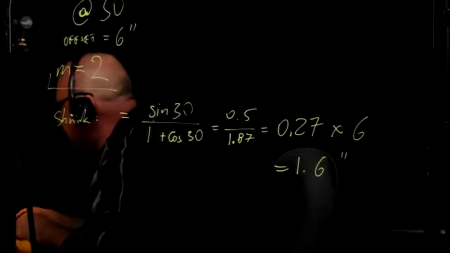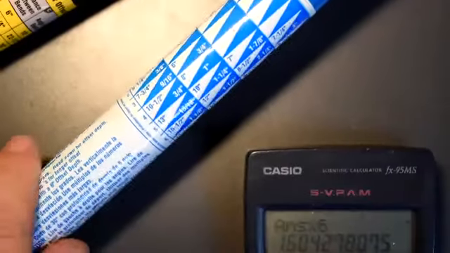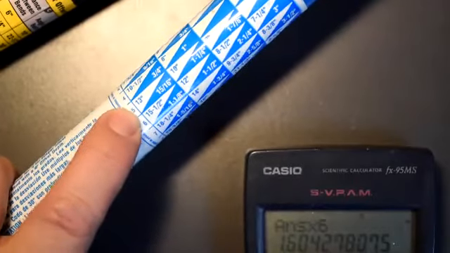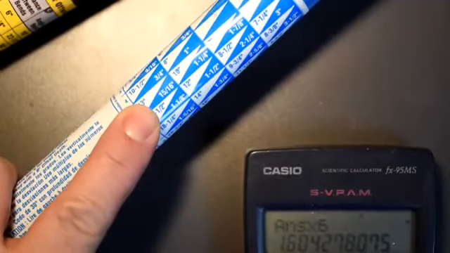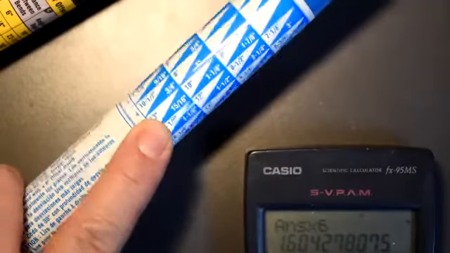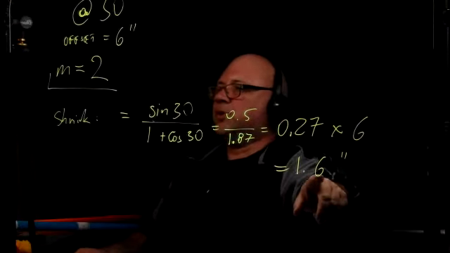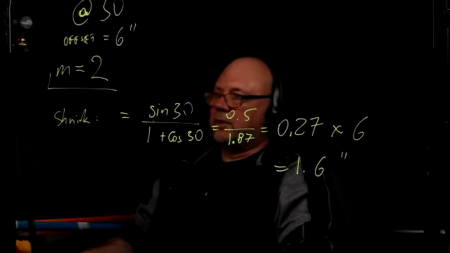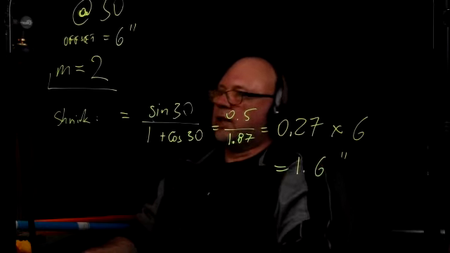All right, so what do we get for 6 inches? 1.5. Well, we don't even need to do that because we're going to get the closest one. So 1.6 inch, 1.5 is the closest thing on the tape measure that we're going to come to.